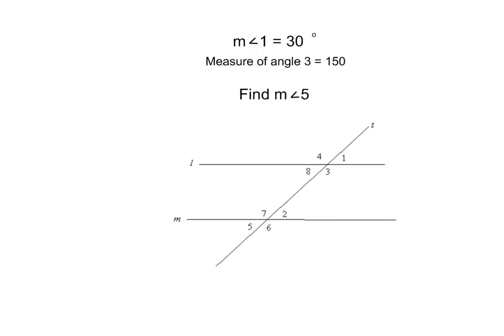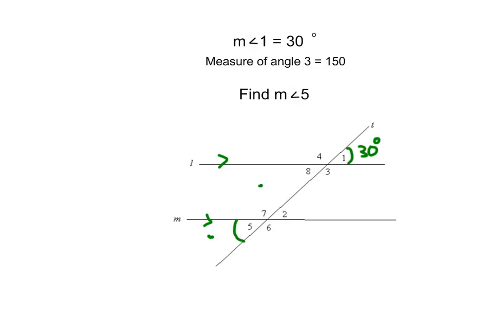And if I look down here, I can do the same thing. I can solve a problem just by knowing this. So if I know that the measure of angle 1 is 30 degrees, what the alternate exterior angle theorem tells me is that the angle which is alternate, on opposite sides of this transversal, and exterior, on the exterior of these parallel lines, is going to be equal to angle 1.